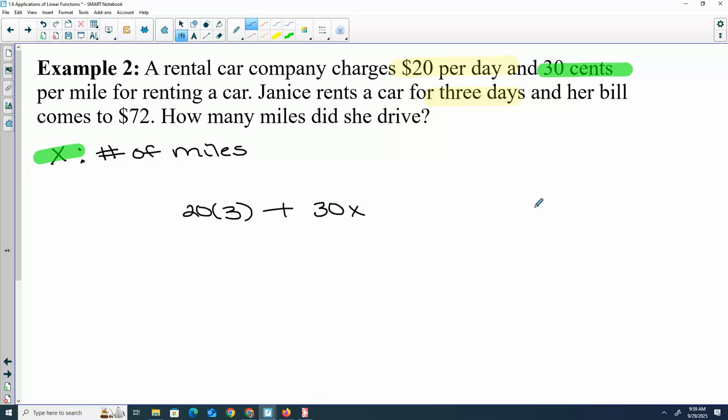Almost. What do I need to fix? Equals 72. Because the 20 was dollars, for the 30 cents we have to do 0.30.